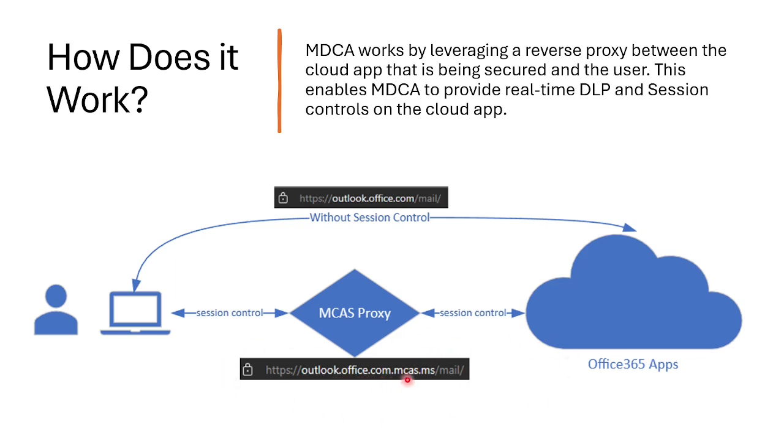If you notice the difference, after outlook.office.com there is .mcas.ms, which means there's a proxy connection established between the user and Exchange Online, which means that Exchange Online is in fact set under conditional access app control. So this is how it works under the hood, by establishing a reverse proxy between the cloud app that is being secured and the user, so that it can enable or disable the access for the user to the cloud app.